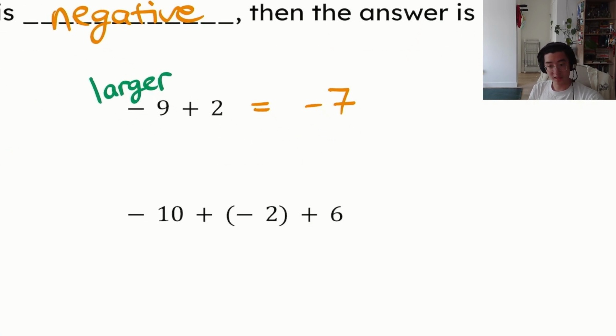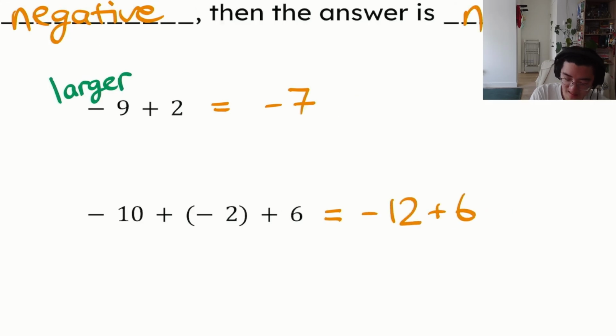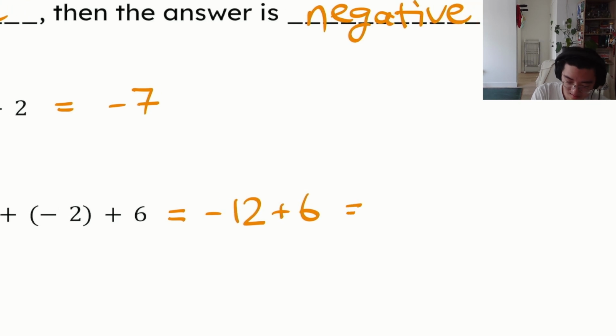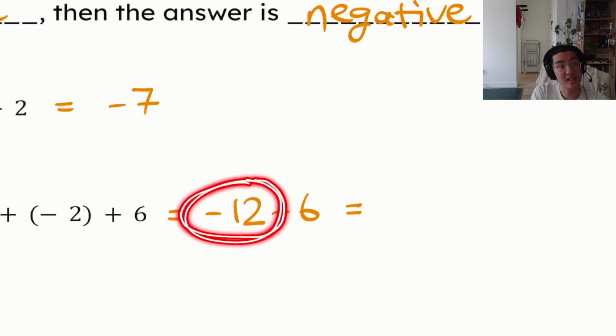Of course, we can have multiple numbers as well. -10 and -2, both negative. So we add them up and make the answer negative. Of course, we have to add a 6 afterwards. Between the two, -12 is bigger, so the answer must be negative.